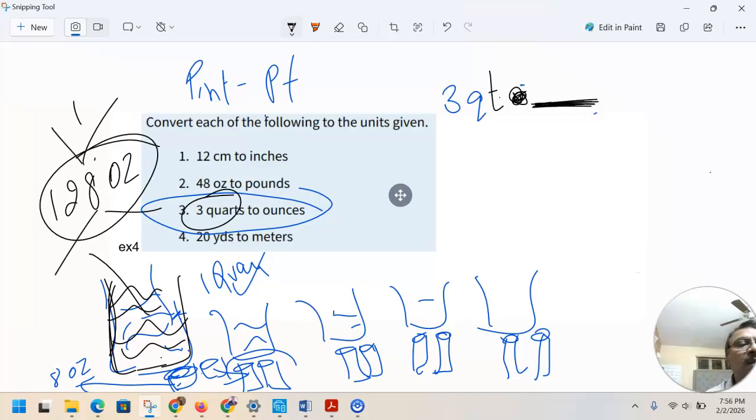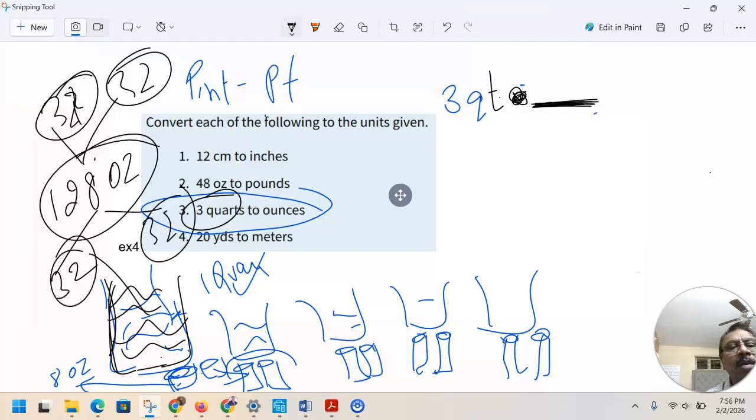You can see it's like 32, 32, 32, 32. So that is the four 32s. That means one quart, directly you should know, is 32 ounces.